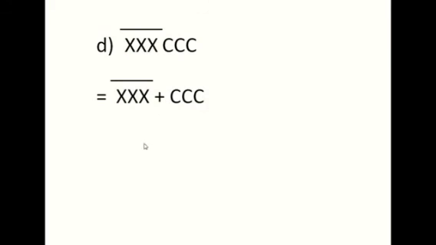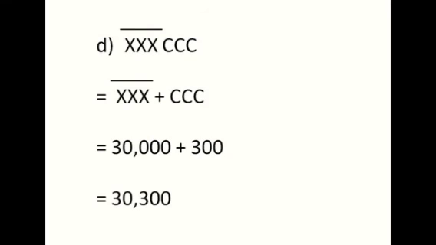Let's see how it looks. Here 30,000 came from XXX bar, and here 300 came from CCC. So is it clear for you? Because you have already worked this kind of sums. Now just add it up, you will get the final answer.